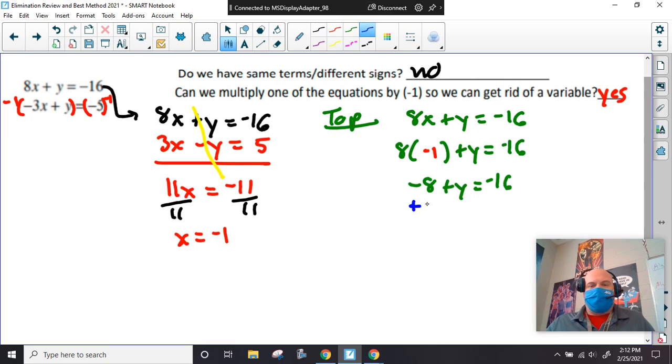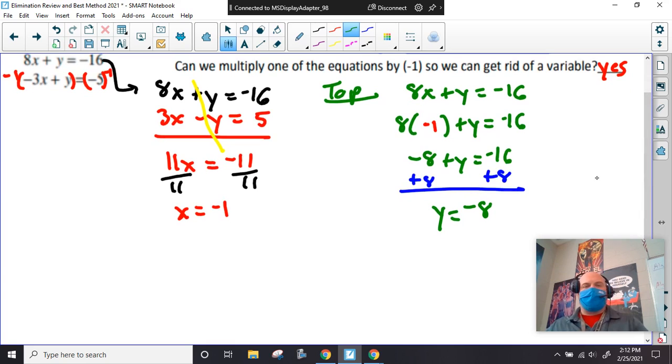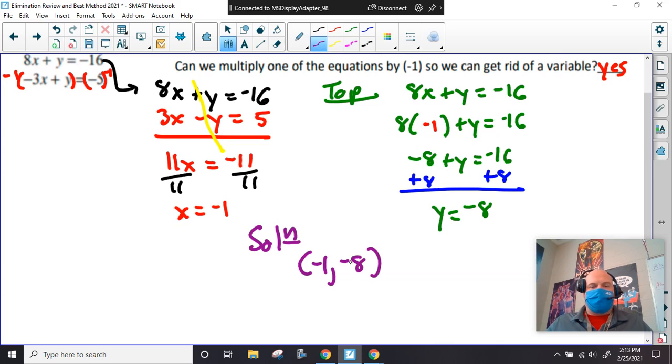We're going to do the opposite and add 8. y equals negative 8. All right. So this one, when we plugged it back in, wasn't as bad. So our solution is negative 1, negative 8.